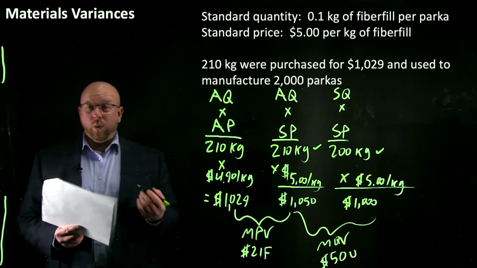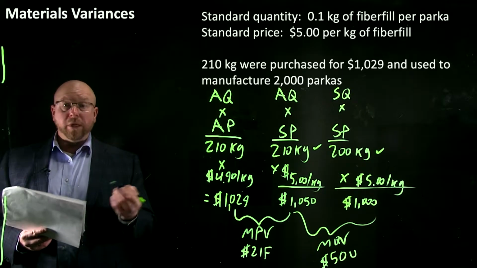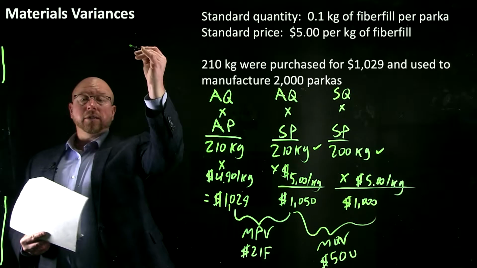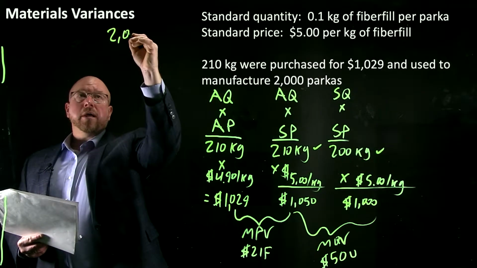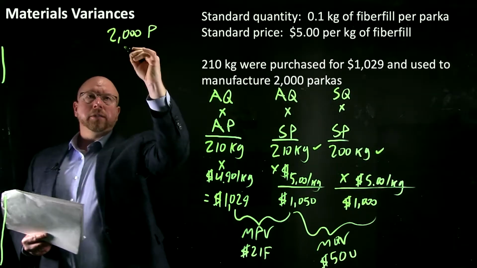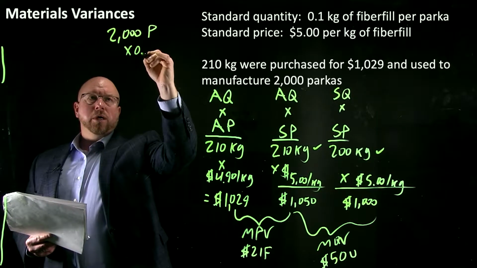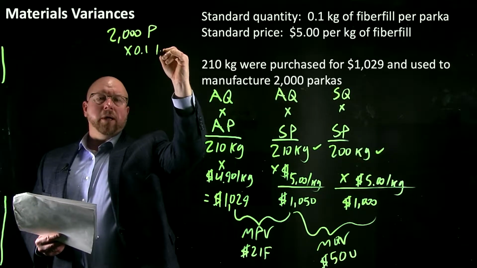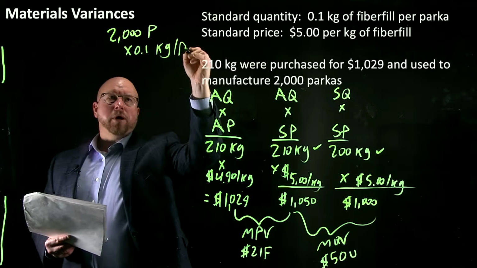If everything went exactly according to plan in a perfect world, let's look at what that would look like. So we make 2,000 parkas, and we're supposed to use 1/10 of a kilogram per each parka.